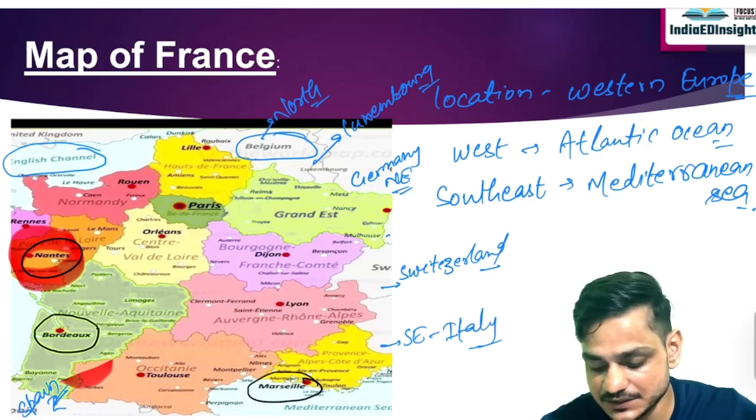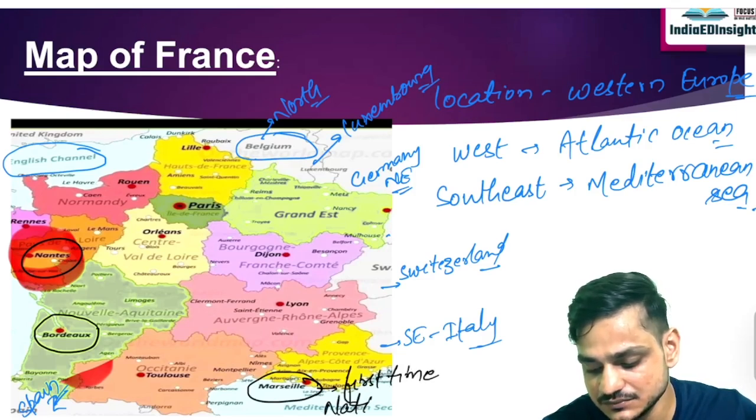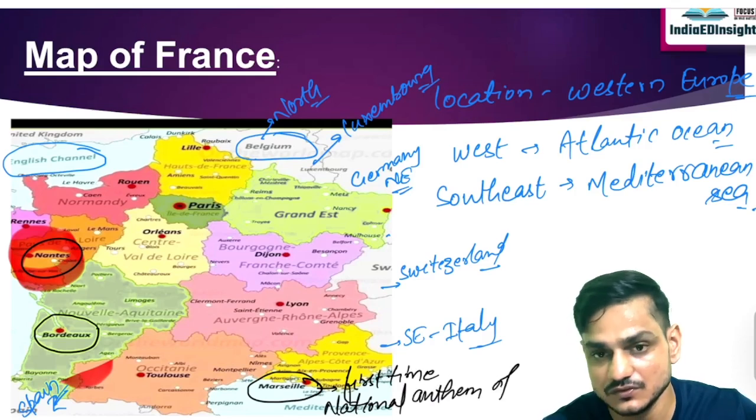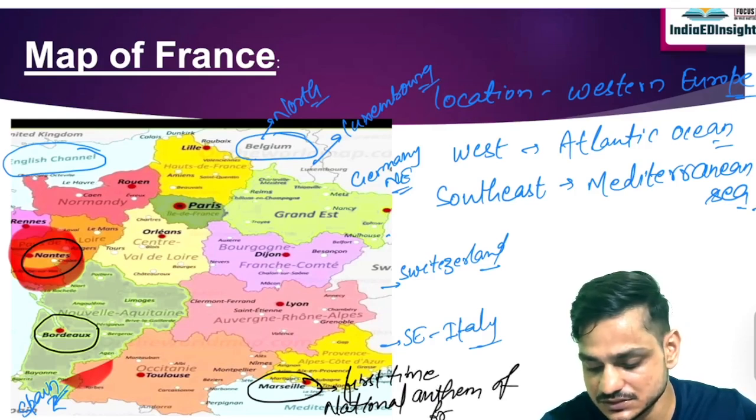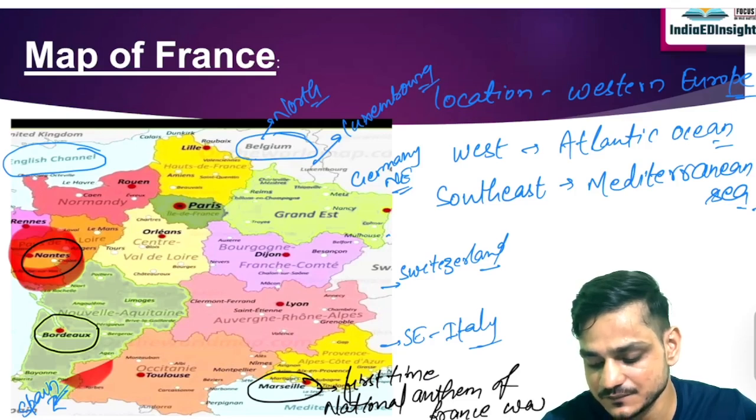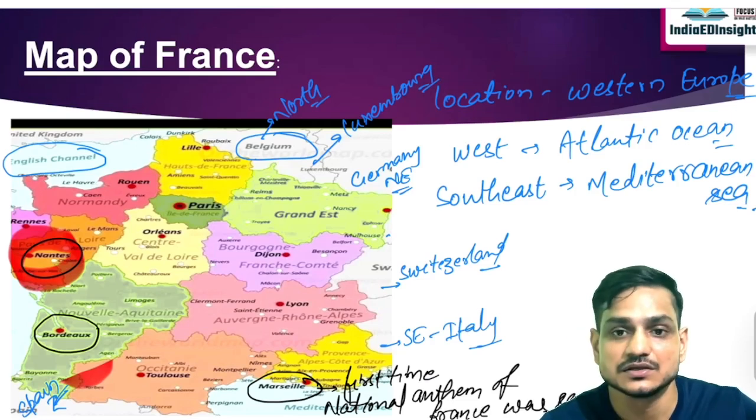Marseille is the place where the national anthem of France was sung for the first time.